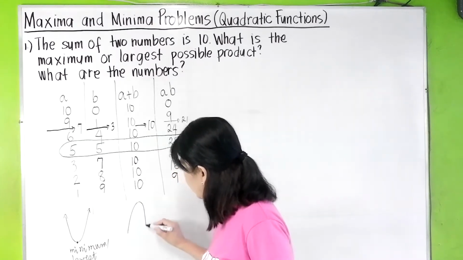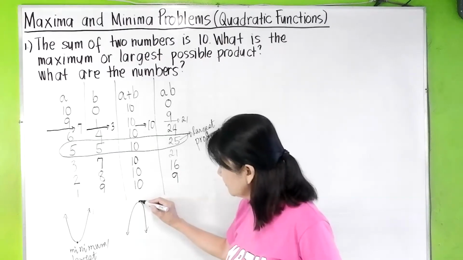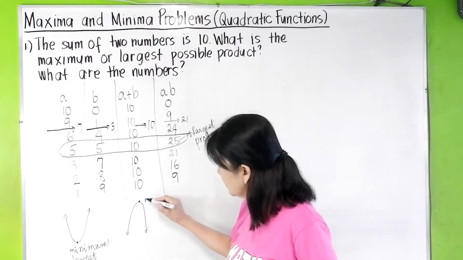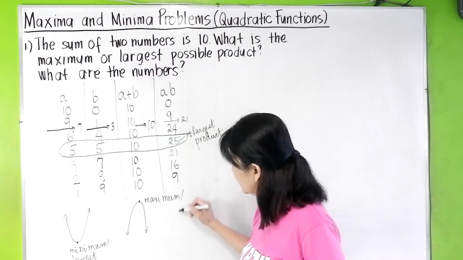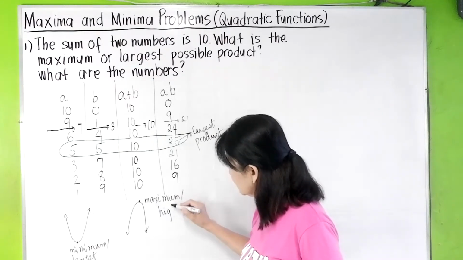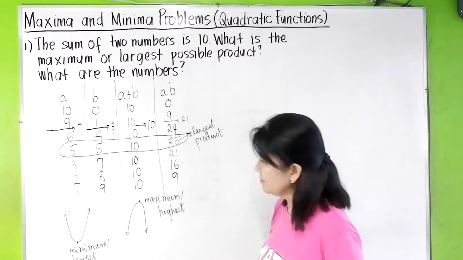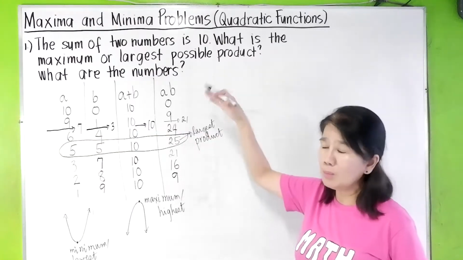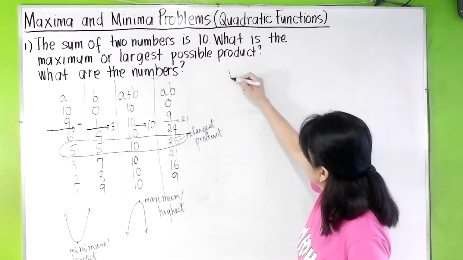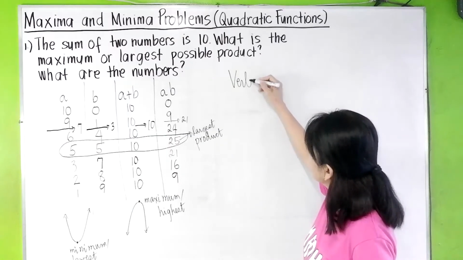And if the parabola is opening downward, as you can see, the vertex here will give us the maximum or the highest value.